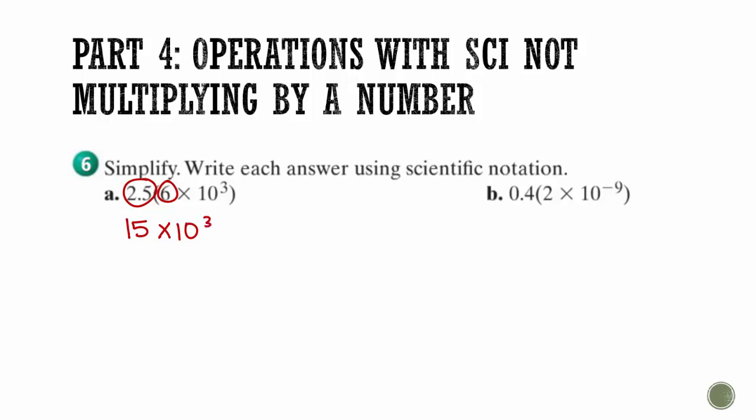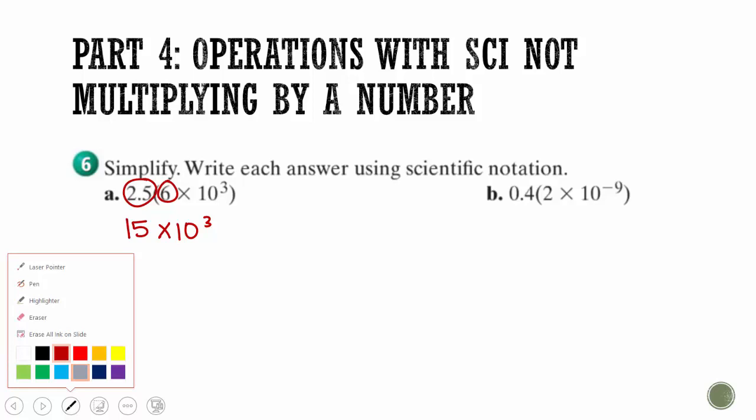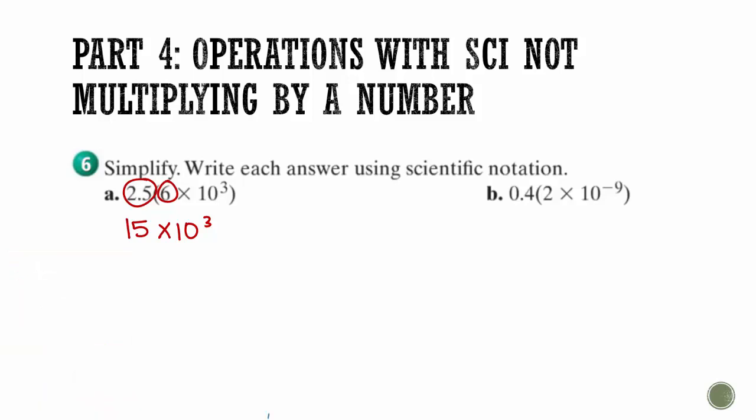This is not in scientific notation, though. We have to change this into scientific notation. So remember, it's got to have the decimal right here. We have to have 1.5. But that also changes the exponent here. So I want you to stop and think about the number. Because I moved it over this way, I divided by 10.